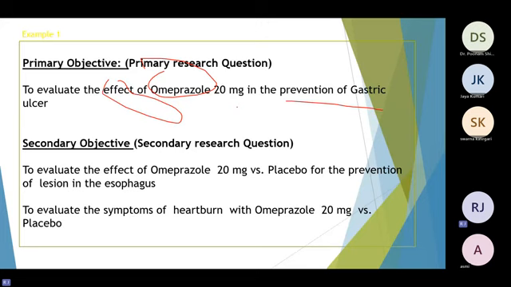But along with this primary goal, I can do some other things also, right? Anyway, I'm doing the clinical trial. I may have some other questions in my mind that I want answers to. So my secondary objective might be that I want to see whether my drug can prevent lesions in the esophagus or not, whether my drug can show some effect in reducing the symptom of heartburn or not.